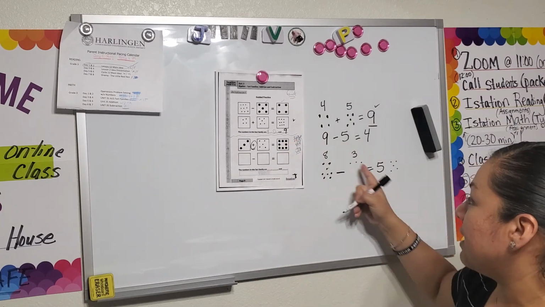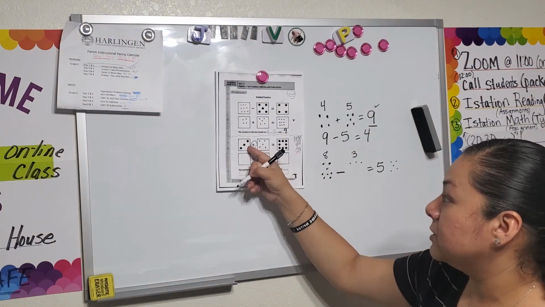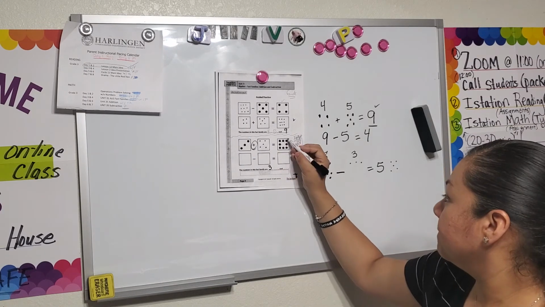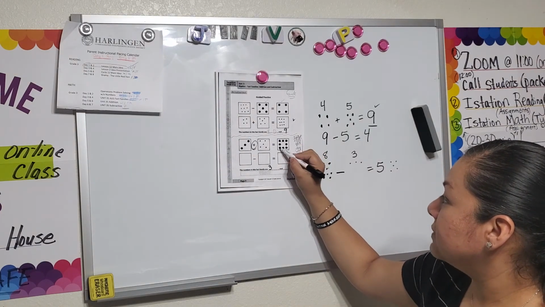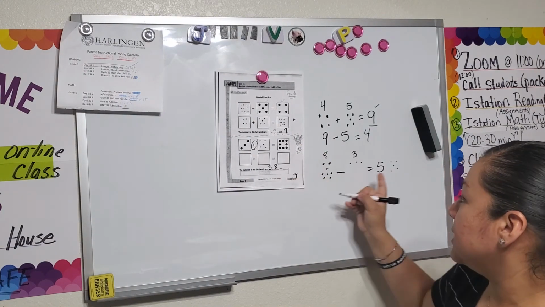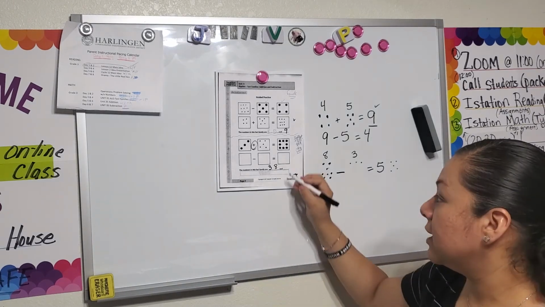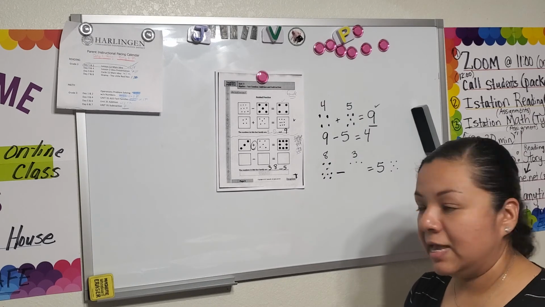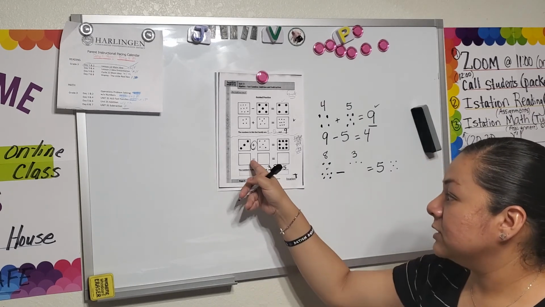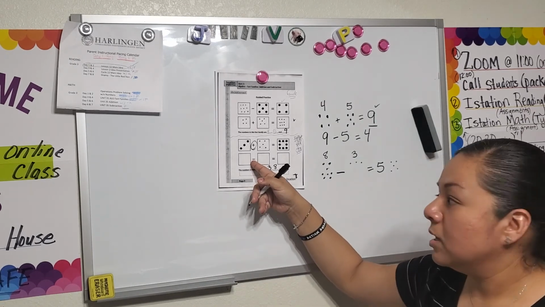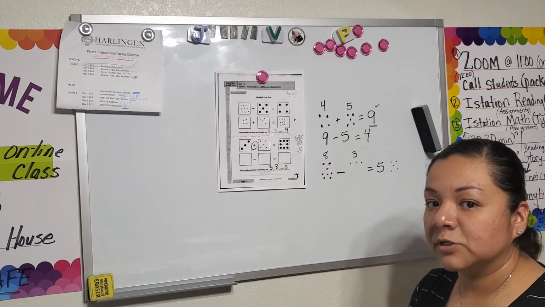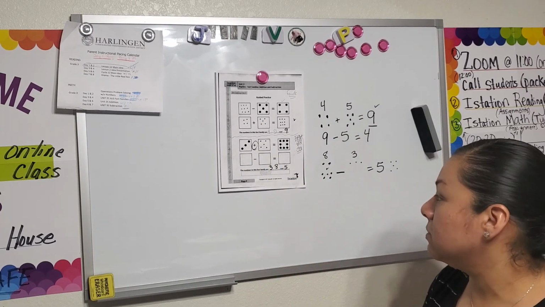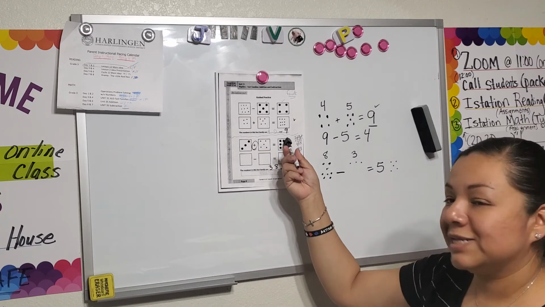So I know that my fact family numbers are the numbers that were given to us, 3 and 8, and the last number that we figured out was 5. So my fact family is 3, 8, and 5. Now, boys and girls, let's look at the subtraction down here. What would be the numbers we're using to make a subtraction problem? Remember, we need to take the total.